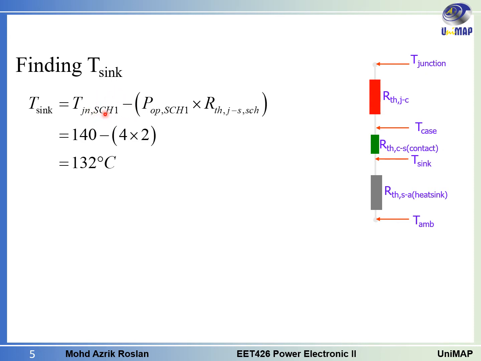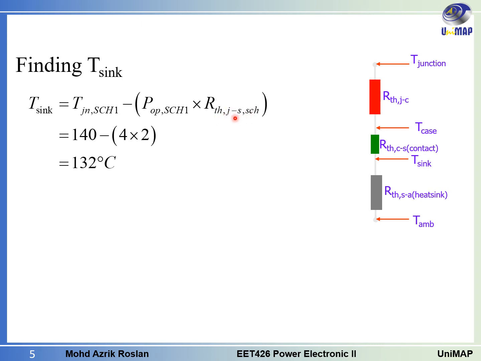So we have to use this equation. The T-sink equals the T junction Schottky minus the power operation at Schottky 1 multiplied by RTH junction to sink.